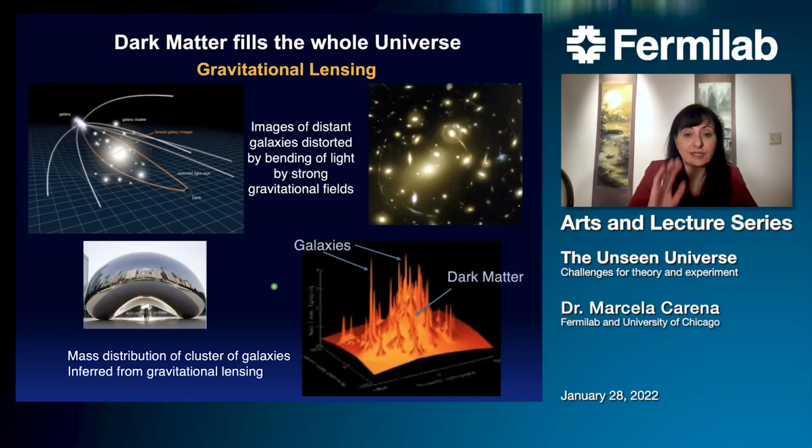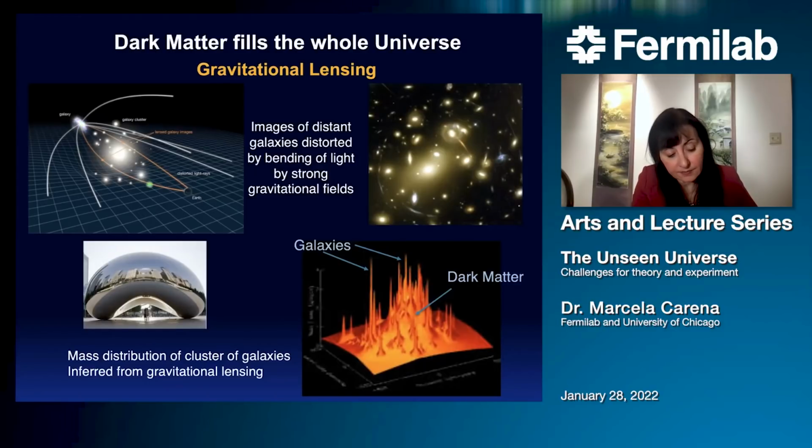Okay, so today we have many more sources of evidence for the existence of dark matter coming from many different observations. Let me just highlight one here that is called gravitational lensing. As Einstein told us long ago, space-time is distorted by the gravitational effect of matter. That makes the light from distant objects move in a curved line.